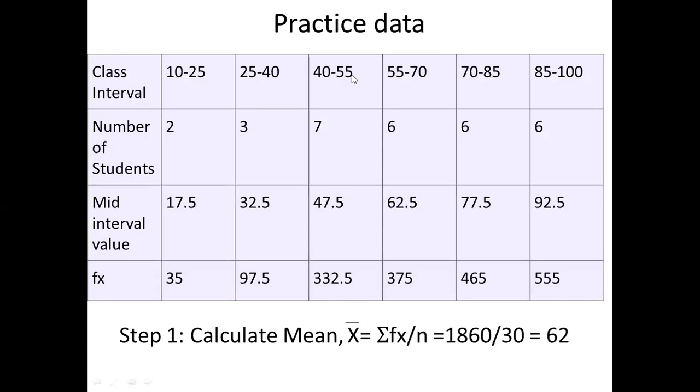So let's say these are your class intervals, okay, and these are the frequencies. Now in grouped data, we usually take the mid value as a representative of the scores that lie in this class interval.